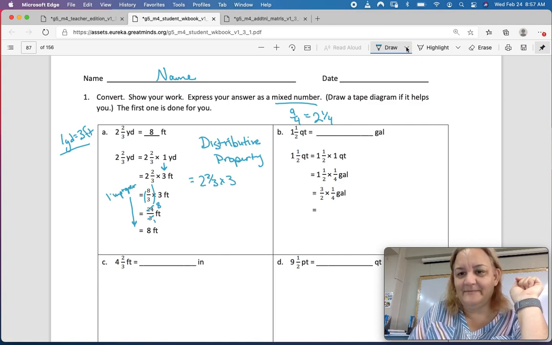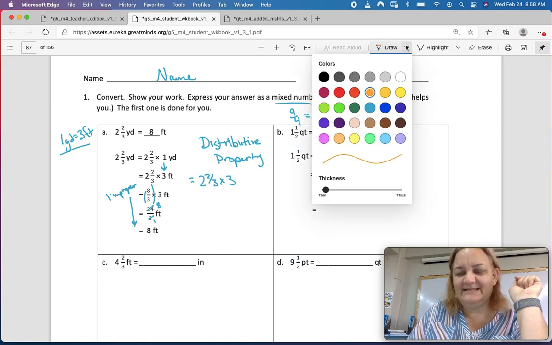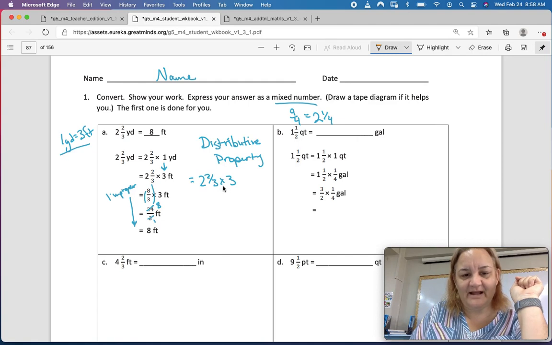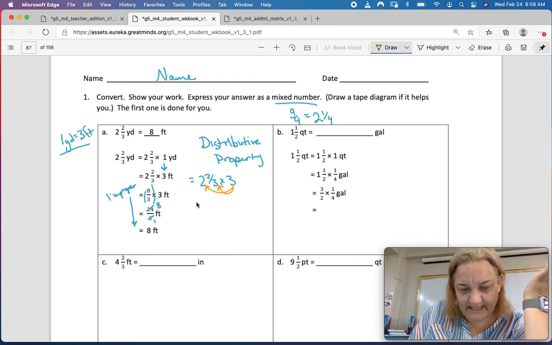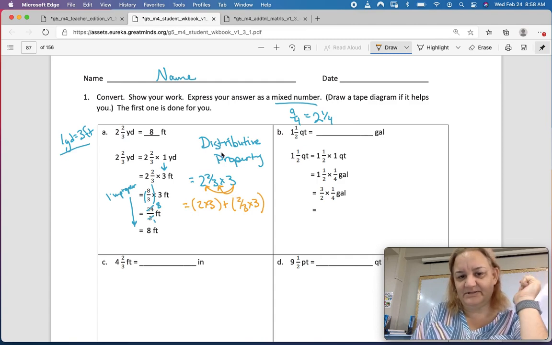But here, instead of converting it into an improper fraction, I'm going to multiply the 3 times the 2 and then 3 times 2/3, okay? So that would look like this. 2 times 3 plus 2/3 times 3, okay?